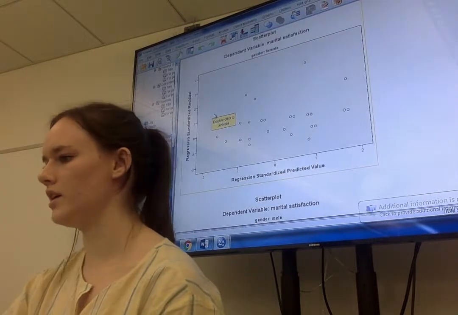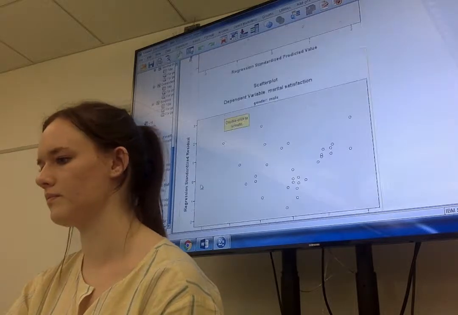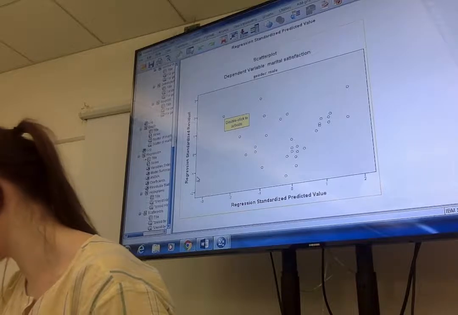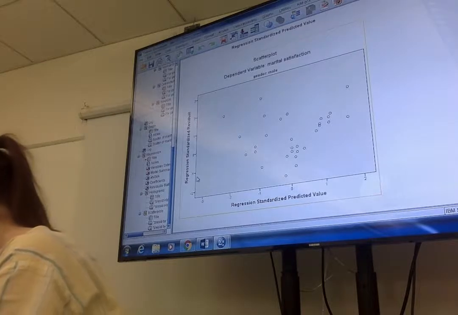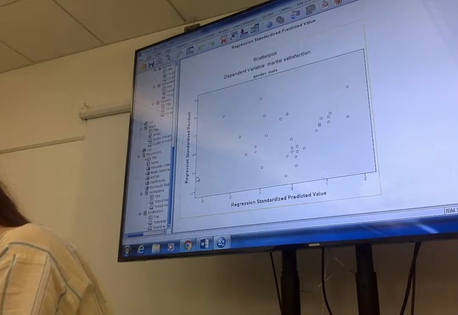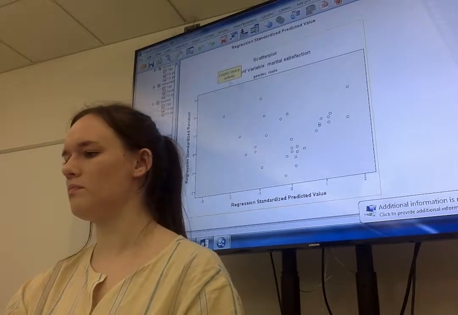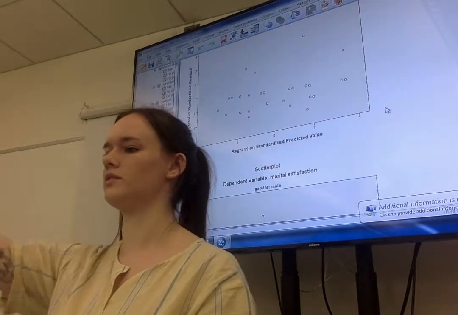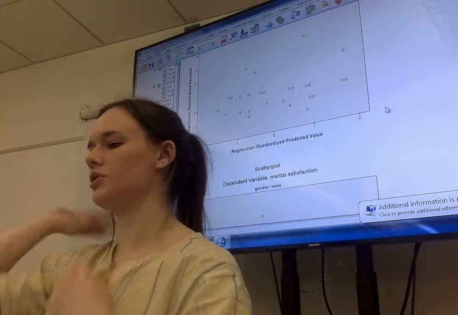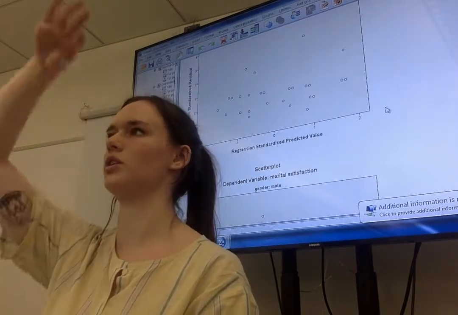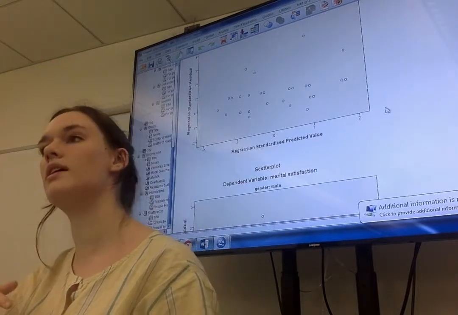So for linearity, both of these don't have a curved line. If the distribution in the residual plot is curved in a weird way, that says the linearity is not being met.